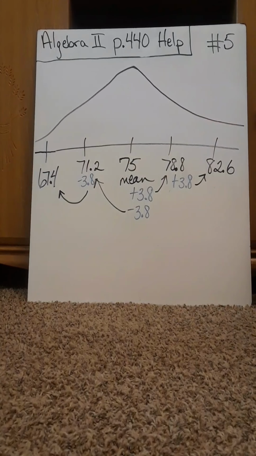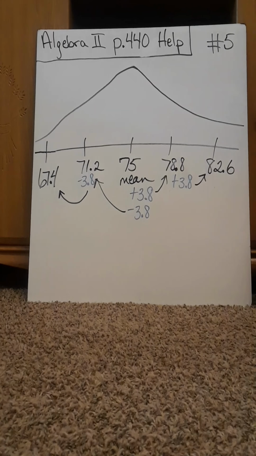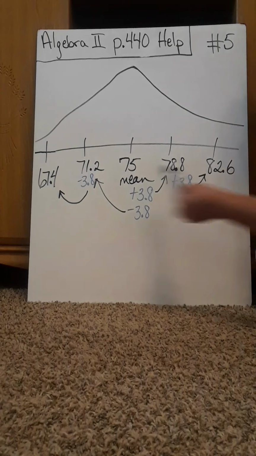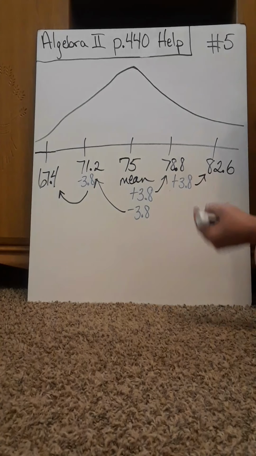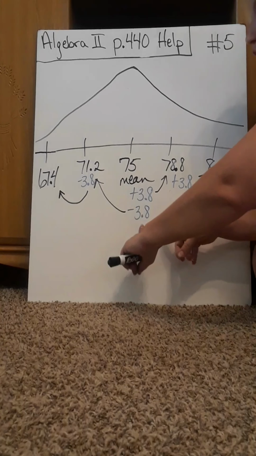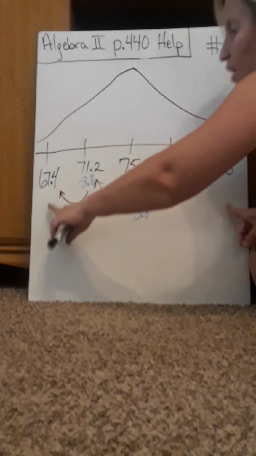If you're wondering why I've done that, or why I created this number line, the reason is because it tells me that this data is normally distributed. So if I know that it's normally distributed, then I know that I can create a number line with the mean in the center, and I know that every time I add or subtract the standard deviation, I'm going a standard deviation away from the mean.